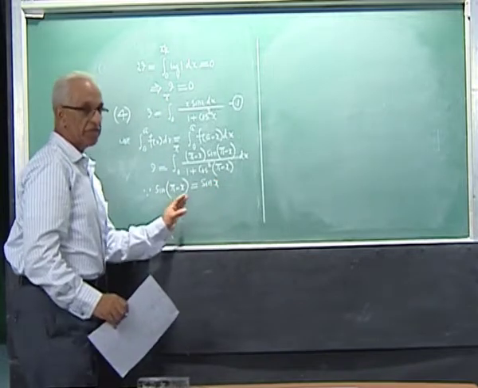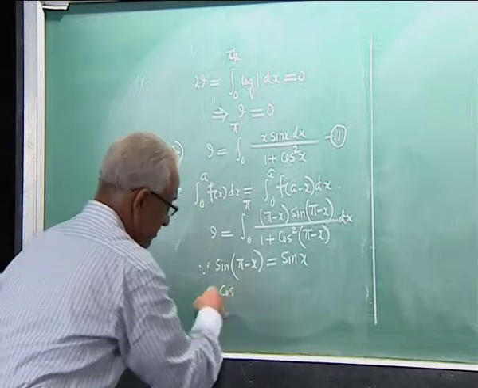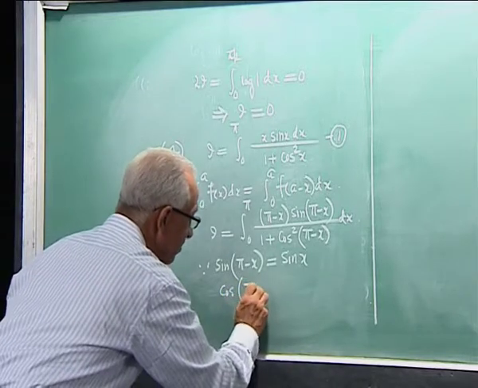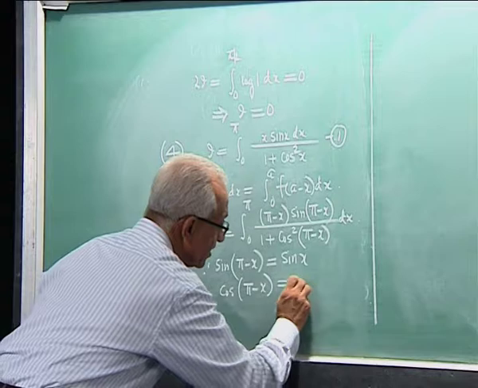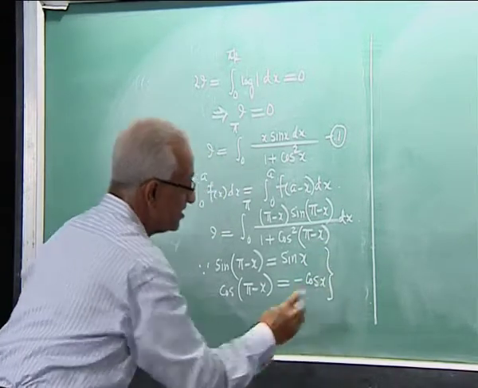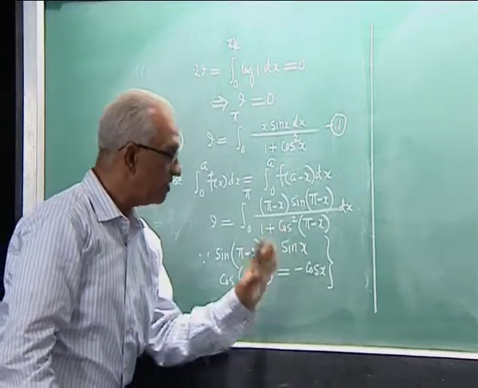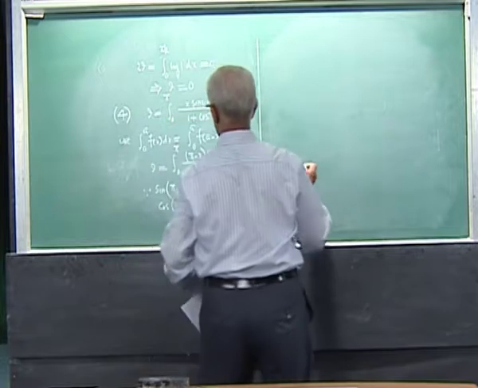We were solving the question just before this, where we have seen this, and another allied angle: cos of pi minus x is equal to minus cos x. Remember these, but since it is a square, it will make no change, it will remain plus.